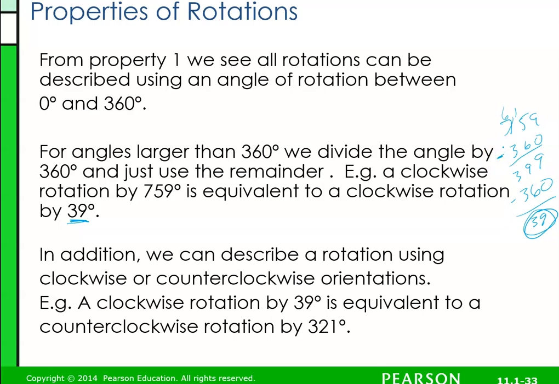If you keep taking out that 360, it comes out the same way because division is just repeated subtraction. In addition, we can describe a rotation using clockwise or counterclockwise orientations. Taking this example from above, a clockwise rotation of 39 degrees is equivalent to a counterclockwise rotation of 321.